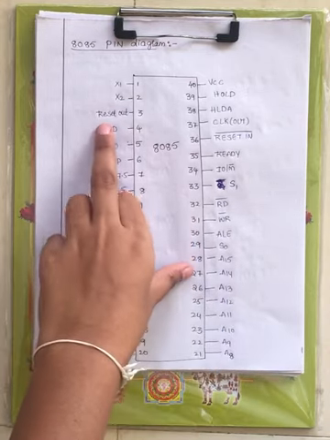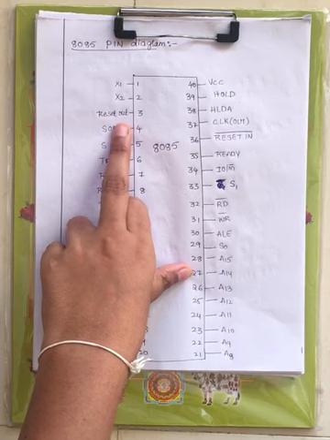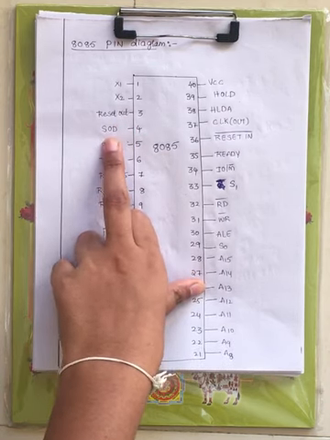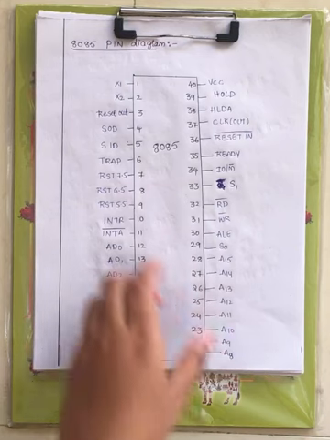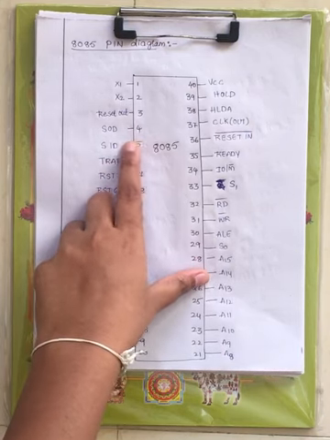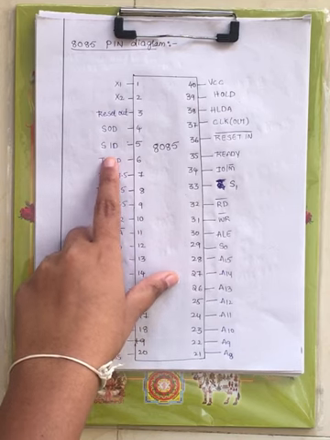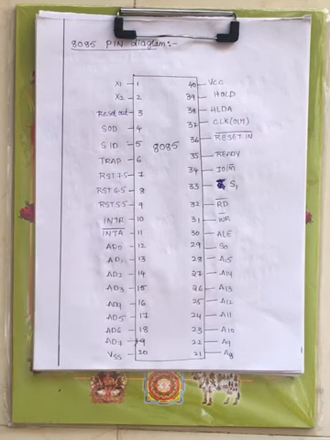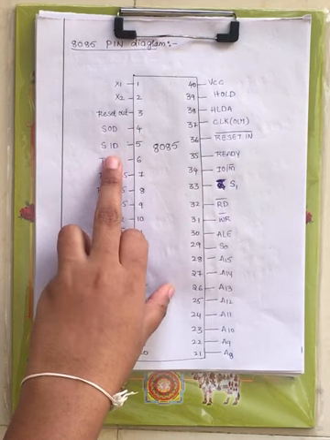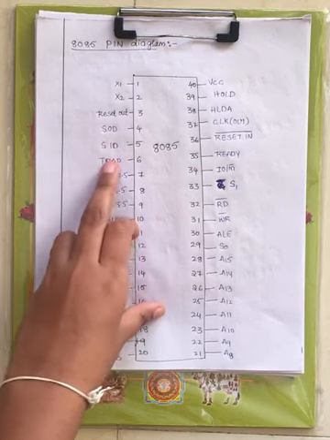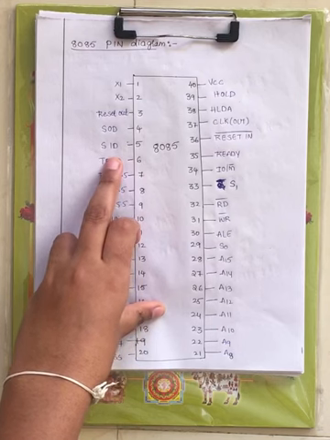Next you have the RESET OUT pin at the third pin, and next you have SOD, serial out data, at the fourth pin. And next you have SID, serial in data, at the fifth pin of the 8085. SOD stands for serial out data and SID stands for serial in data.